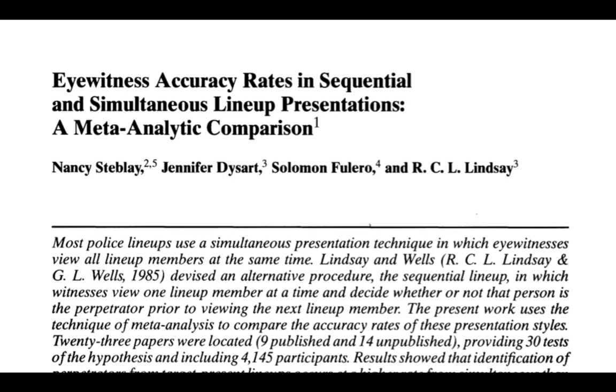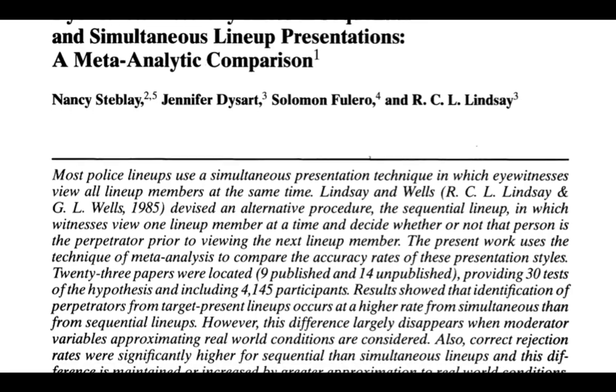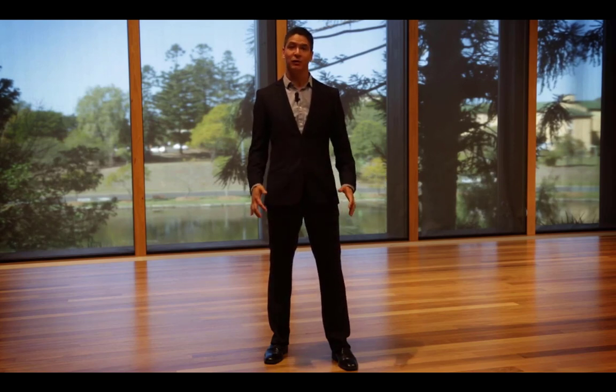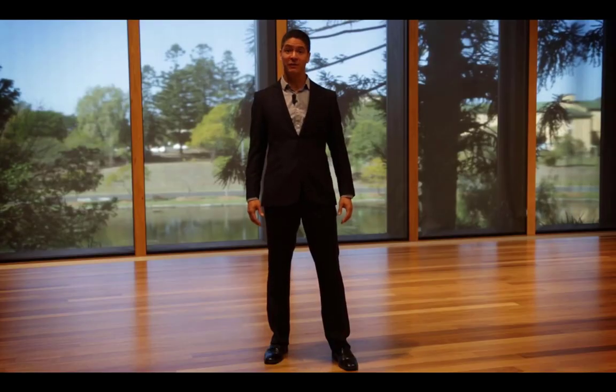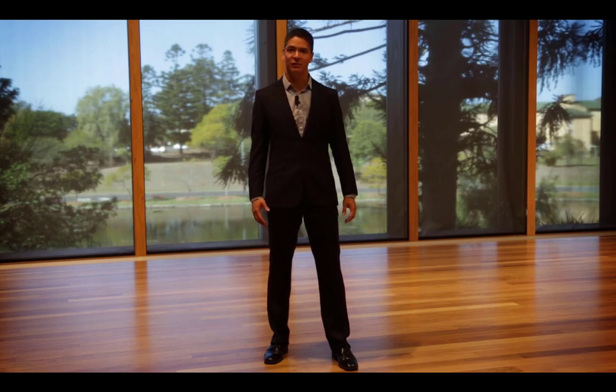That's the principle, but is there any evidence to suggest that using the sequential rather than the simultaneous presentation helps witnesses correctly identify the suspect more often? Nancy Steblay of Augsburg College and her colleagues did a meta-analysis of 30 research studies looking at this very question, and concluded that using the sequential lineup procedure did indeed result in fewer false identifications than simultaneous presentations.